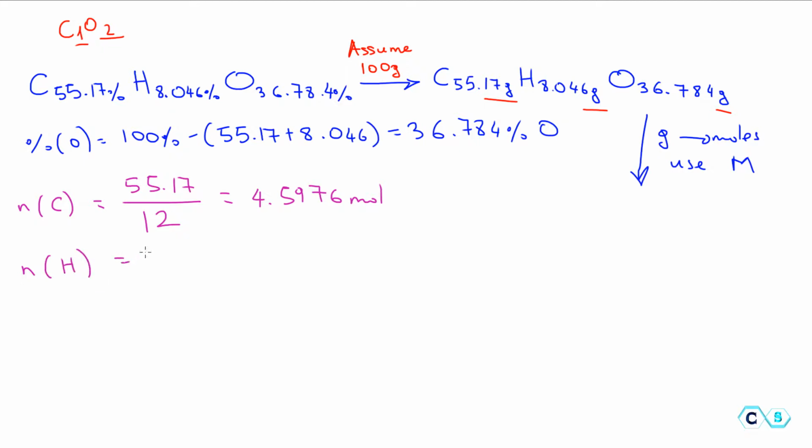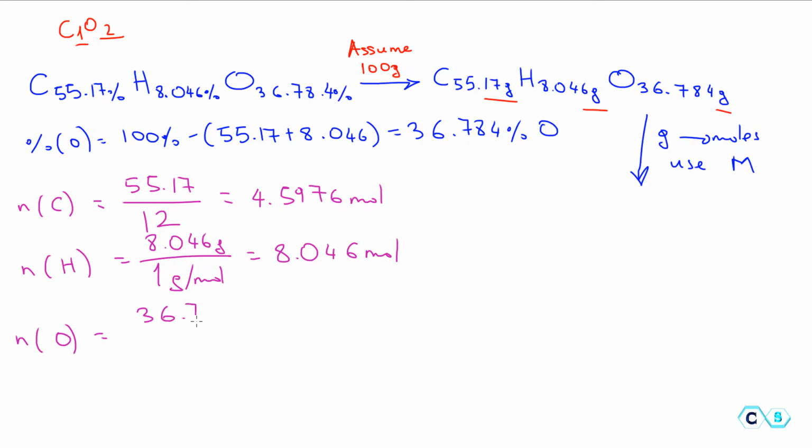Number of moles of the hydrogen: 8.046 grams divided by 1 gram per mole, molar mass, gives 8.046 moles. Finally, number of moles of the oxygen: 36.784 grams divided by 16 grams per mole, which gives us 2.299 moles.